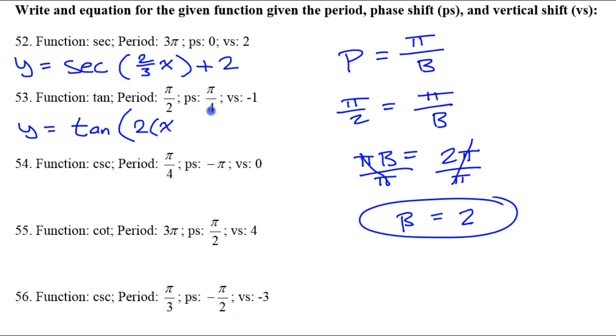Since the phase shift is positive, in the equation I have to put minus, because they're always opposites. So minus pi over 4. Close it all up. Notice, if you have a b value and a phase shift, you will have parentheses inside of parentheses. Don't resist it. And then the vertical shift is -1, so I'm just going to put a -1 on the end of it. And that's it.